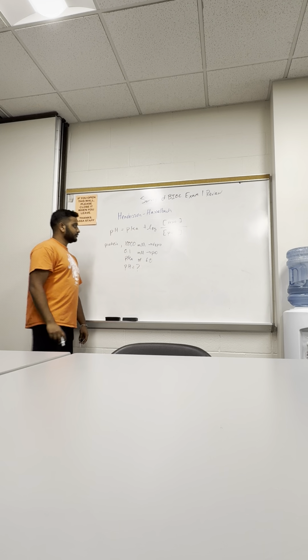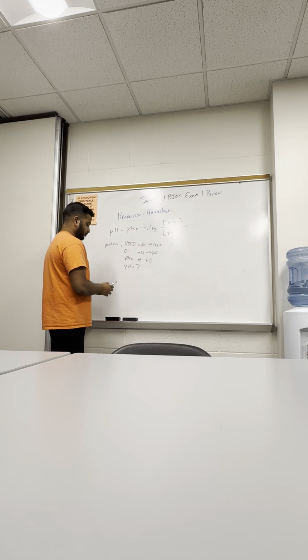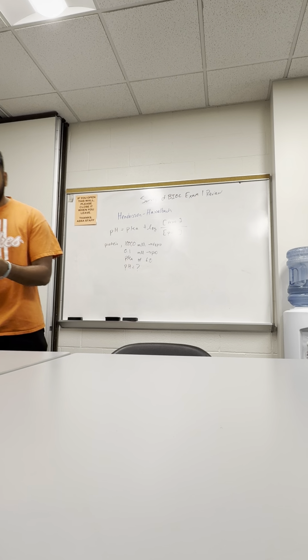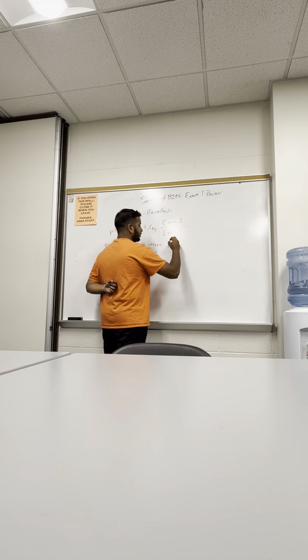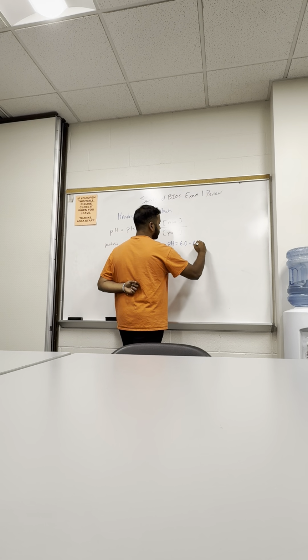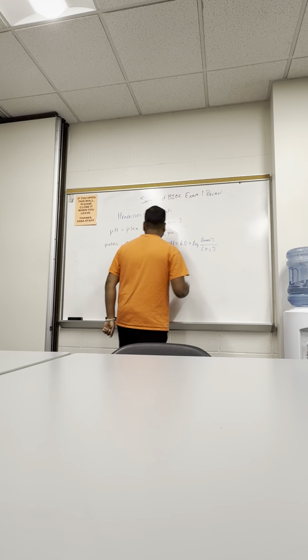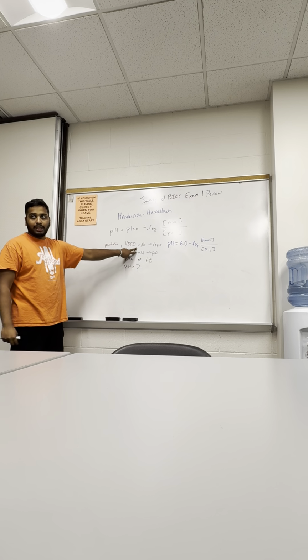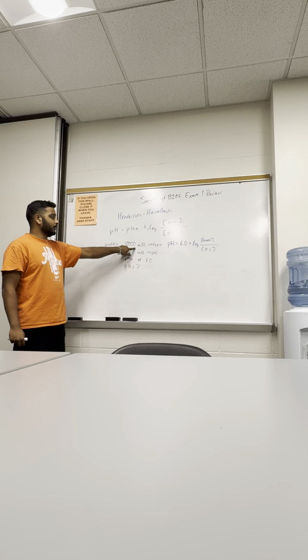First thing is substitute: 0.1 and 10,000. We can ignore the units because they're the same. If these units were not the same, you have to convert first to the same unit, preferably moles.